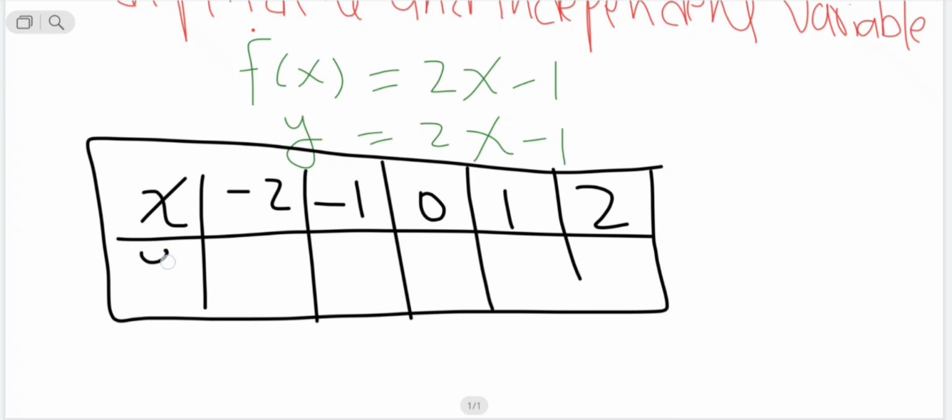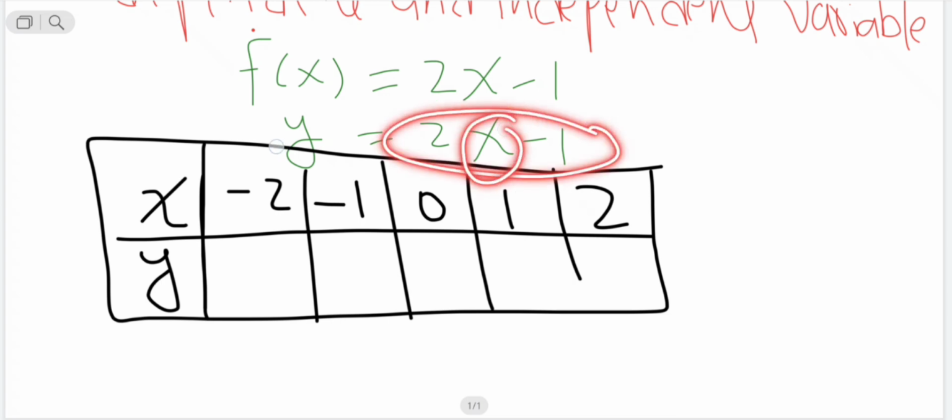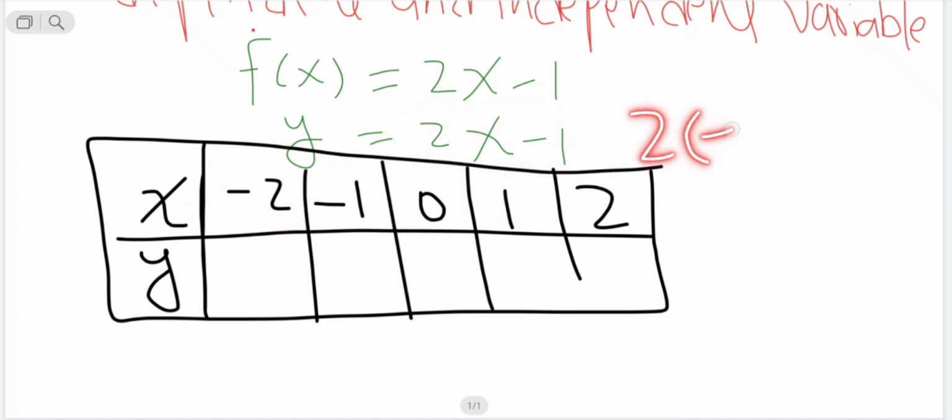We will find the values of y. This is the function, you know. So you will replace x with minus 2. So it will be 2 times minus 2, minus 1. So 2 multiply minus 2 is minus 4, so minus 4 minus 1 is equal to minus 5. So if x is minus 2, y is minus 5. So the y value minus 5 depends upon the value of x, which is minus 2.